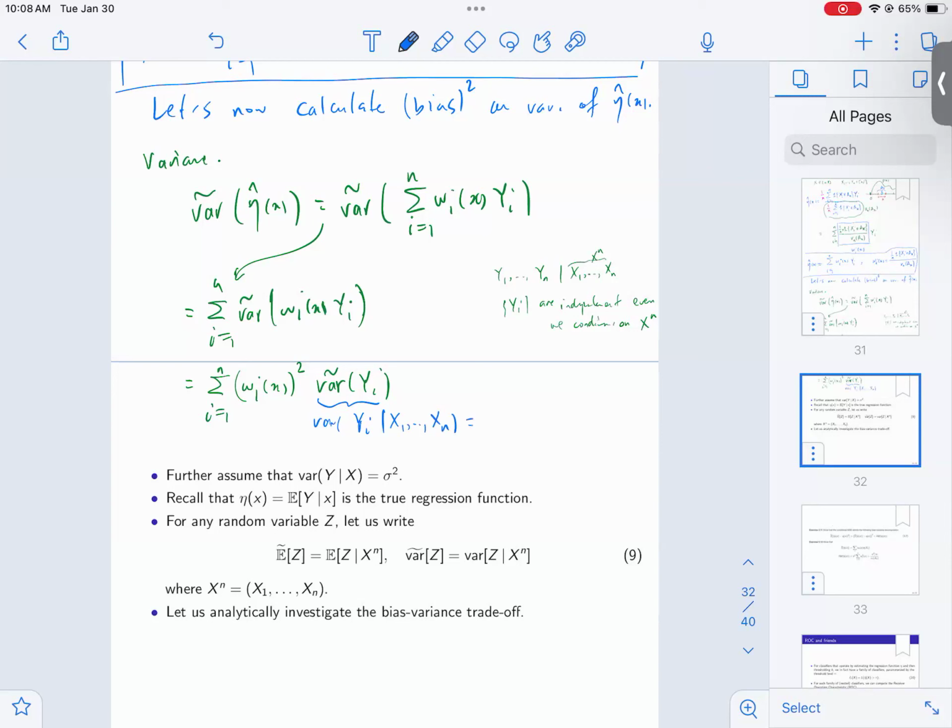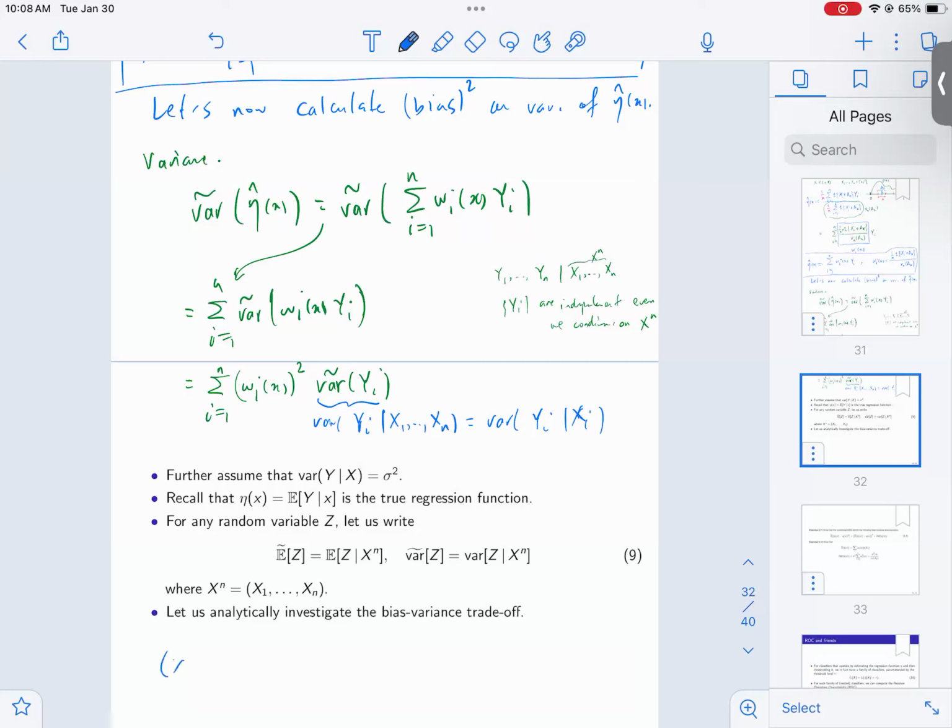It's not hard to convince yourself this is really the variance of y_i given x_i, because given x_i, y_i doesn't depend on everything else. This is really the conditional variance of the distribution.